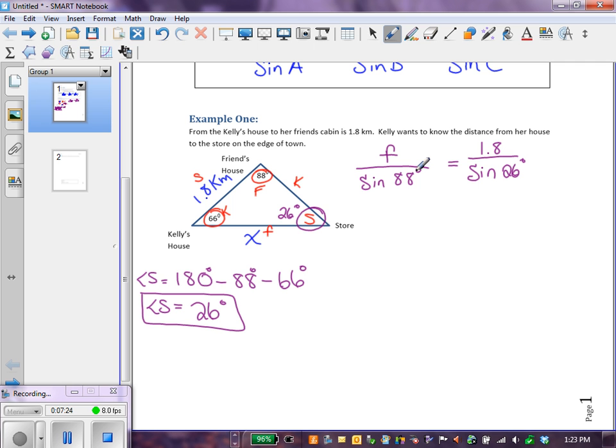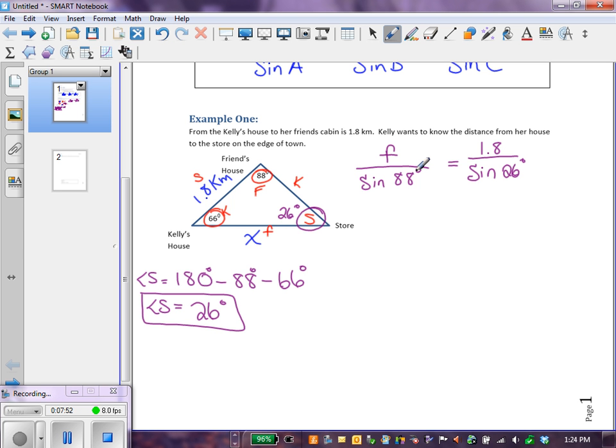You only round in your answer. Let your calculator do the work. If you have a graphing calculator, you can always go second function answer, and it will take the answer from the previous line and input it into your current thing.